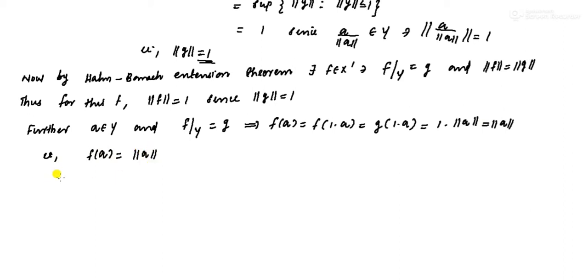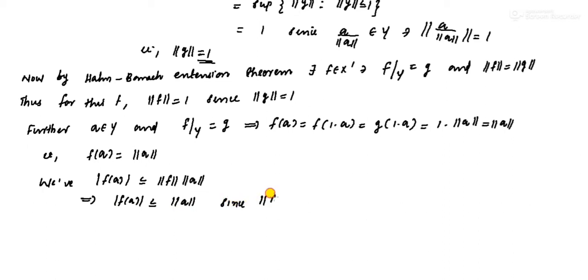Okay. Here we have mod f of a is less than or equal to norm f into norm a, since f is bounded, which implies that mod f of a is less than or equal to norm a, since norm f equal to 1, right?